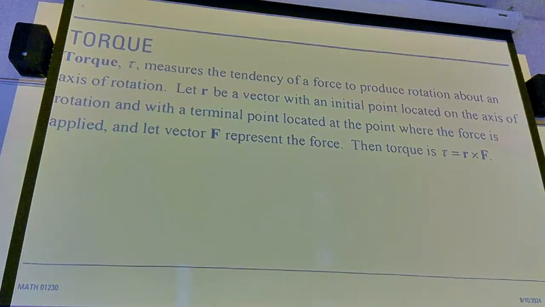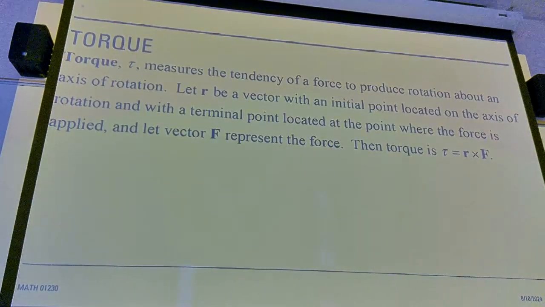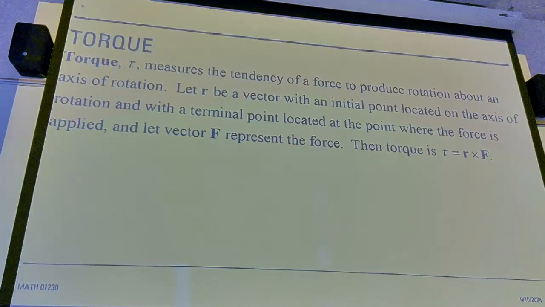If I want to easily close the door, where should I apply the force? Not necessarily at the point, but far from the axis of rotation. The closer I get, the more force needs to be applied.